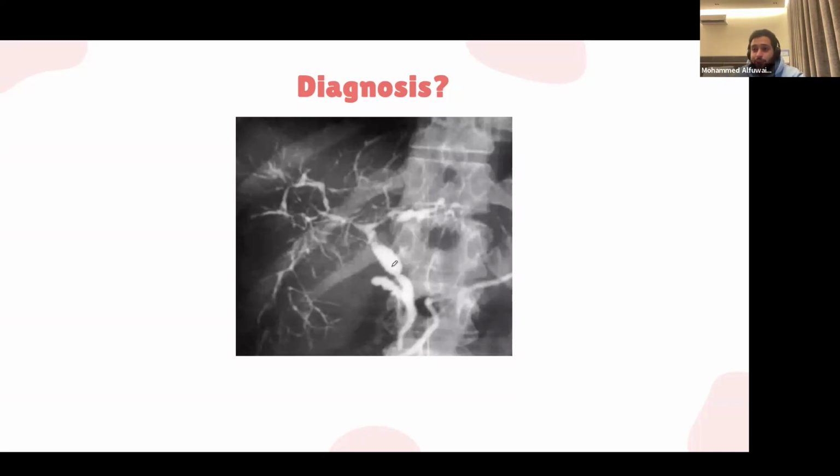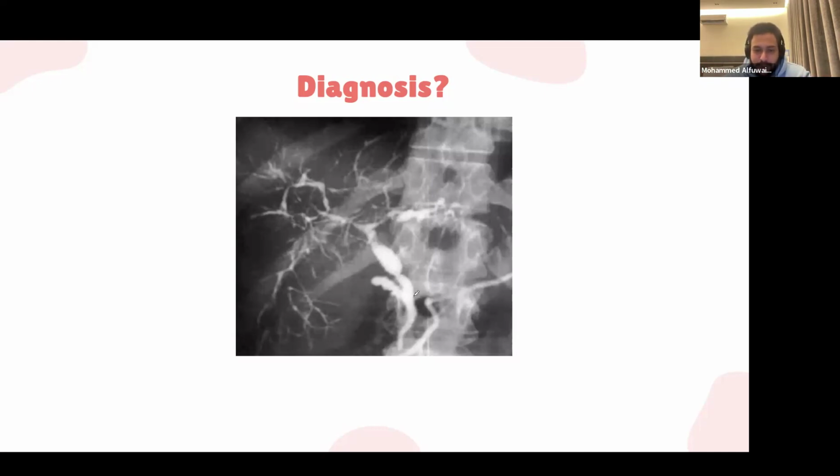The presence of primary sclerosing cholangitis in a patient with ulcerative colitis increases the risk of what? Cancer. Where? Colorectal. Good. Okay, colorectal cancer. Okay, I explained why in the previous part.